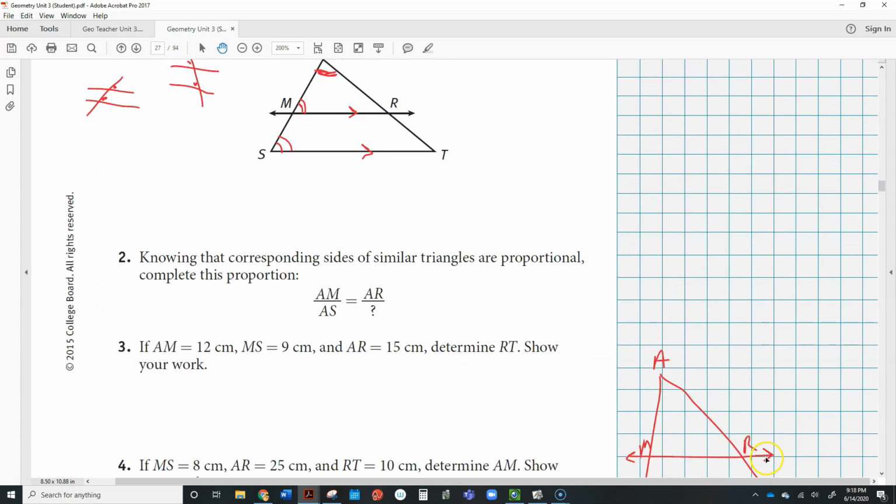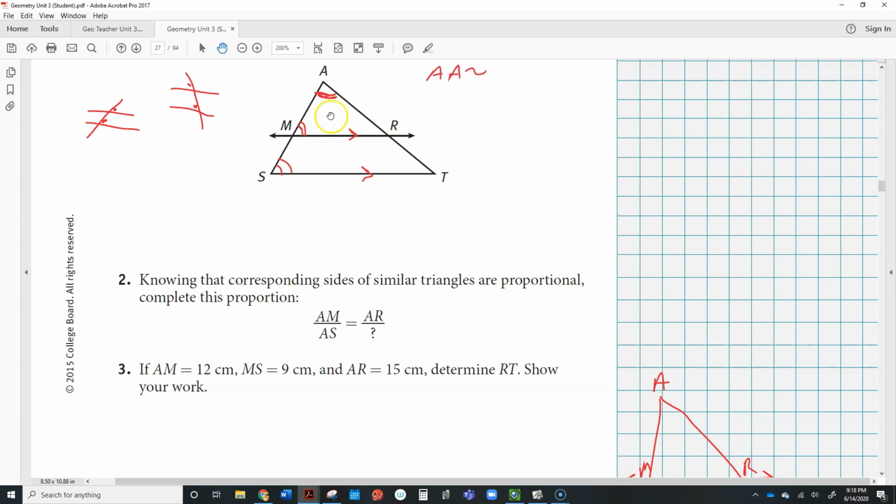Okay, so knowing that corresponding sides of similar triangles are proportional, complete this proportion. So they've got AM proportional to AS and AR is proportional then to AT. AT is what would go there. So you've got the little triangle. I always like to separate mine. And then you've got the big triangle.